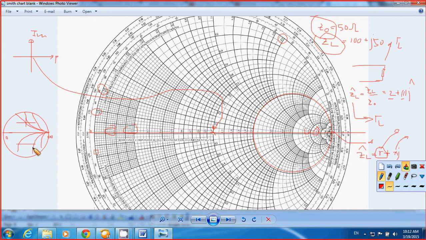Okay, so basically again you have ZL written in the form of real part plus imaginary part, and your imaginary part here can be either negative or positive.